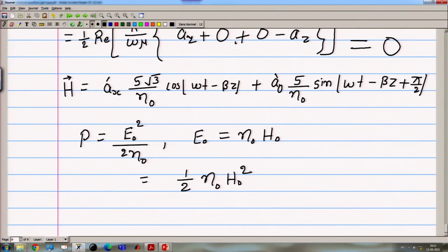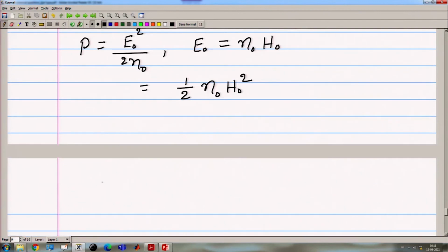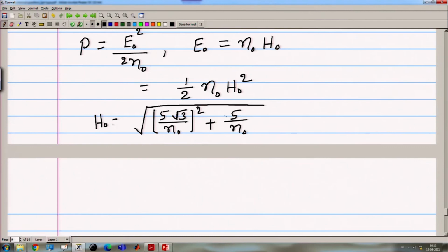From the given expression, H naught will be the square root of (5 root 3 by eta naught) whole square plus (5 by eta naught) whole square.